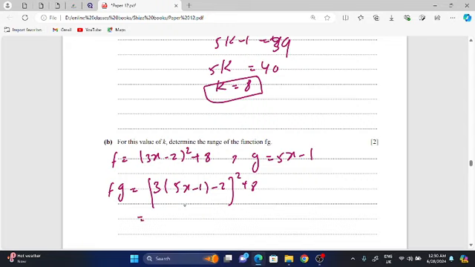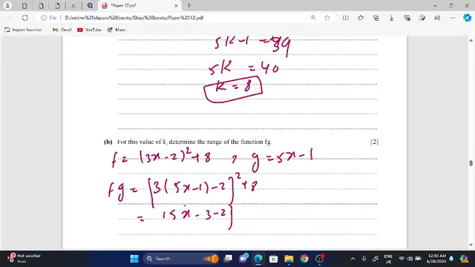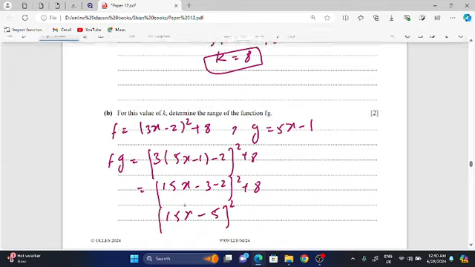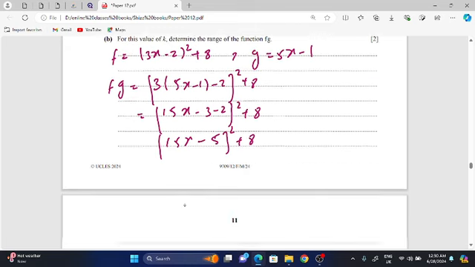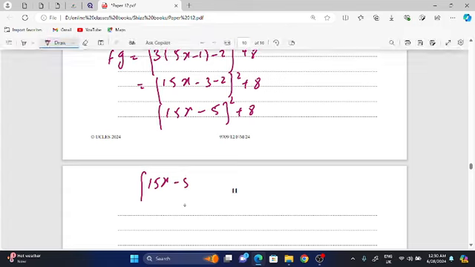So 3 times 5 is 15, 15x minus 3 minus 2 whole square plus 8. That could be written as 15x minus 5, because minus 3 minus 2 becomes minus 5. So the expression you have is (15x minus 5) whole square plus 8.